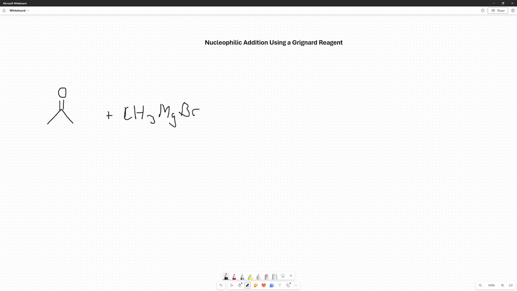And again, that's because this second carbon is going to be acting as the electrophile because it's got a partially positive charge, whereas the oxygen has a partially negative charge. And like I said before, this methyl group is partially negative, not partially positive, due to the charges on the MgBr.